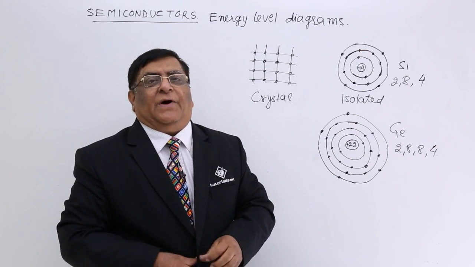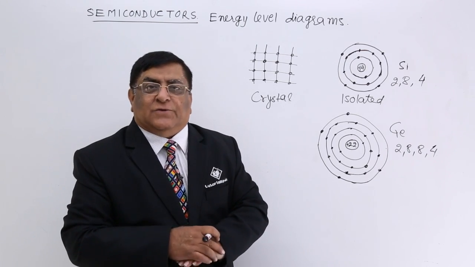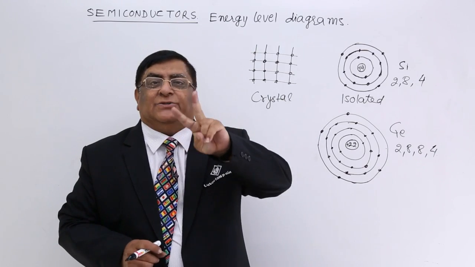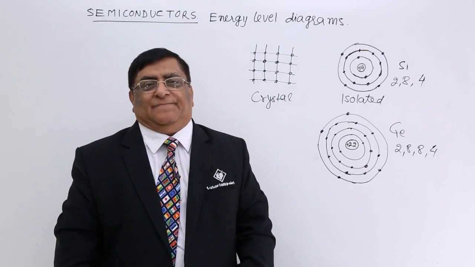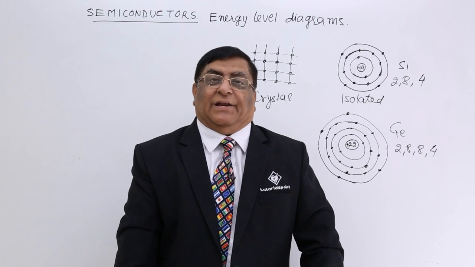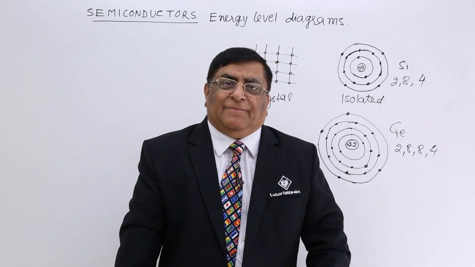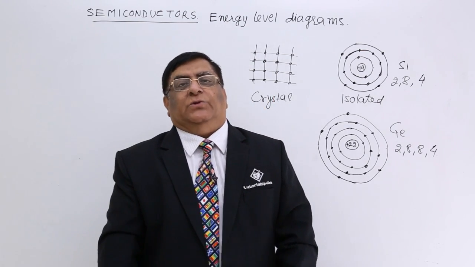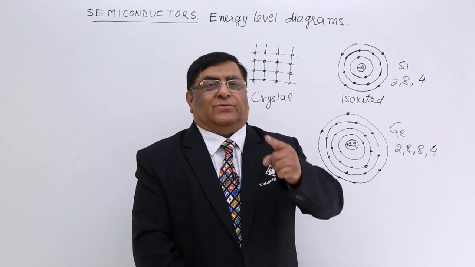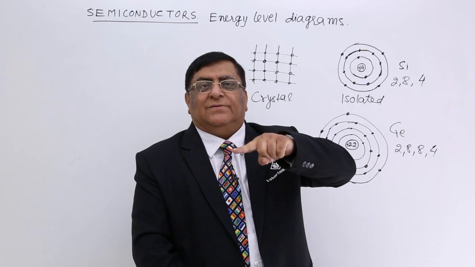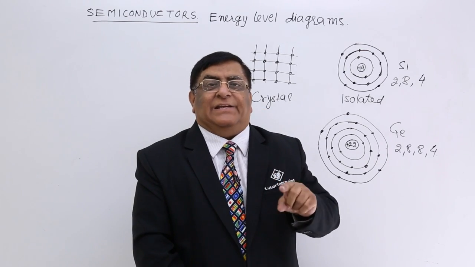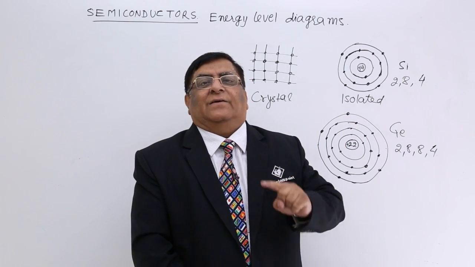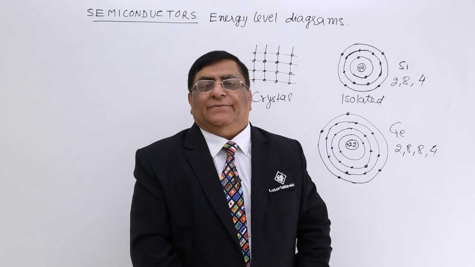So now we find that in the electrons of atoms in crystal form, there are 2 categories of energy levels. What does that mean? There are some electrons which can do the work of orbiting around the nucleus, and whenever there is a need for combination with another atom in the crystal, then they will do that combination work.